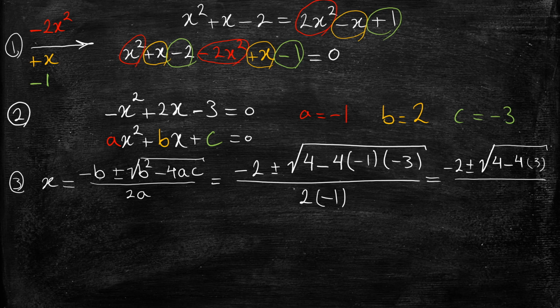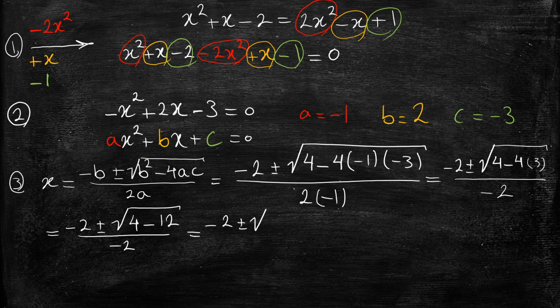Divided by 2 times -1, that's -2. Okay, further simplifying this, -2 plus minus square root of 4 minus 4 times 3, that's 12, divided by -2. Simplifying it further, -2 plus minus, what is 4 minus 12? That's -8 over -2. So we have square root of -8.